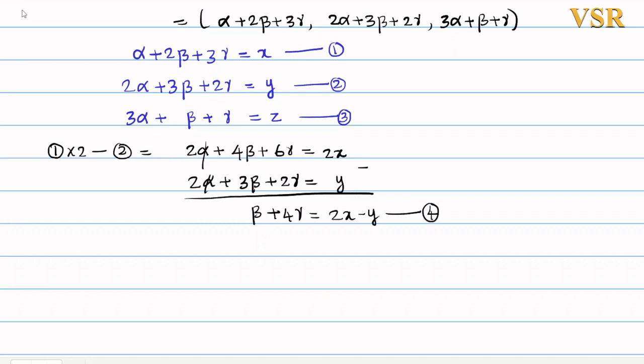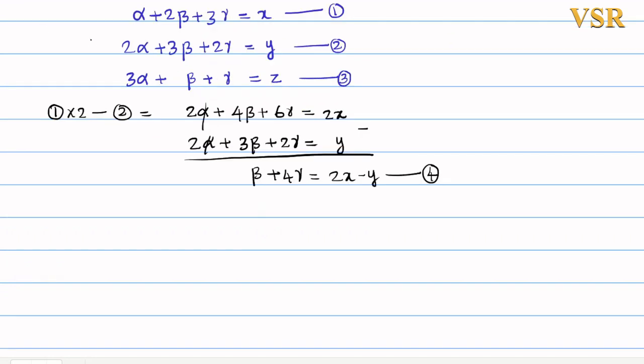Similarly, multiply the first equation by 3 and subtract the third equation. Multiplying by 3, we get 3 alpha plus 6 beta plus 9 gamma equals 3x.